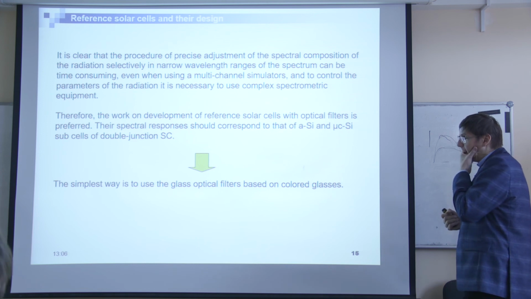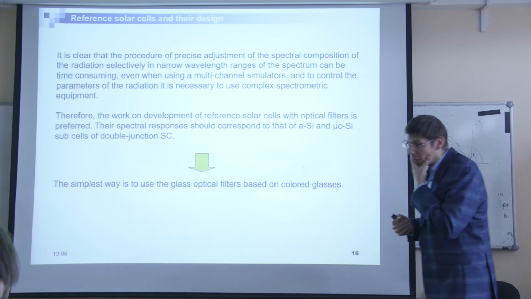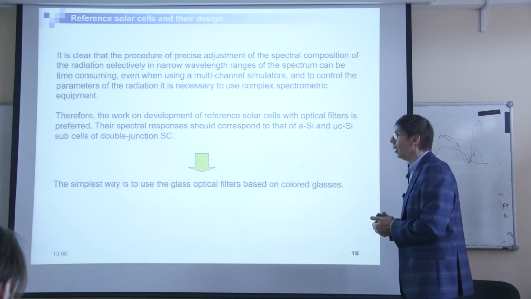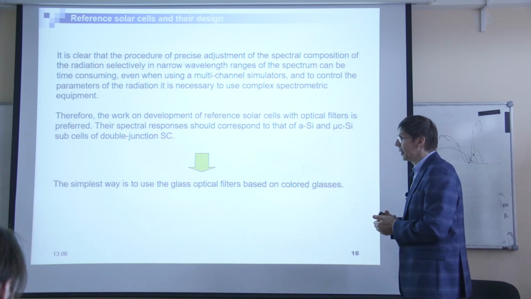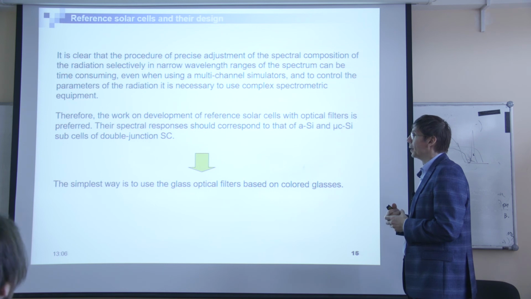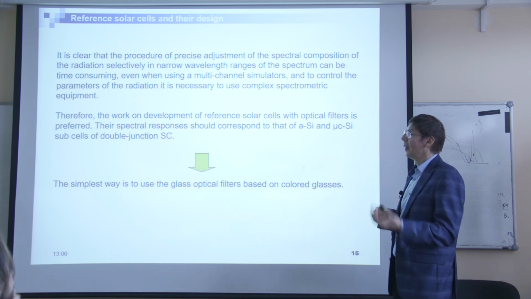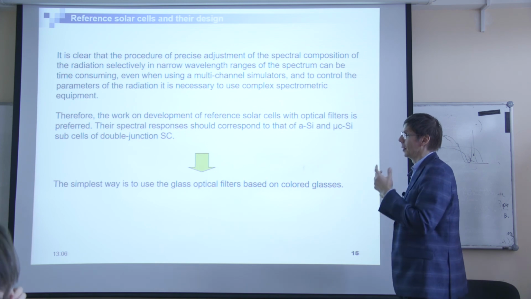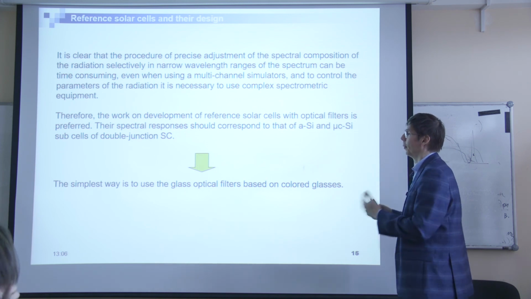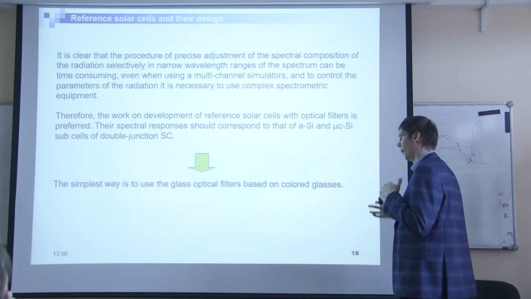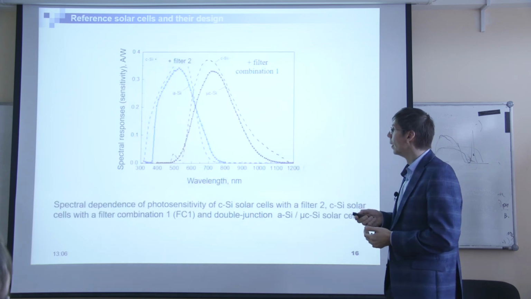So now we can think about how to improve our set of reference cells. One of the ways to correct the spectrum of a solar cell is to use a set of glass optical filters.